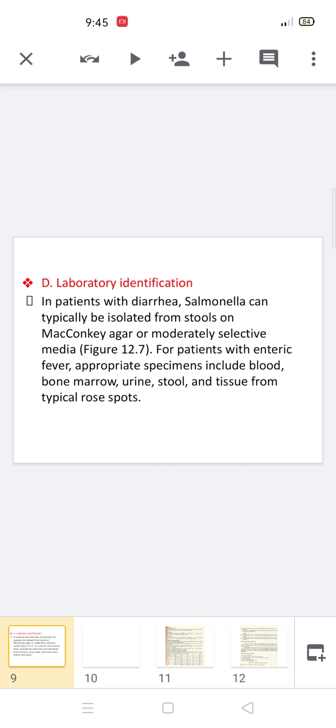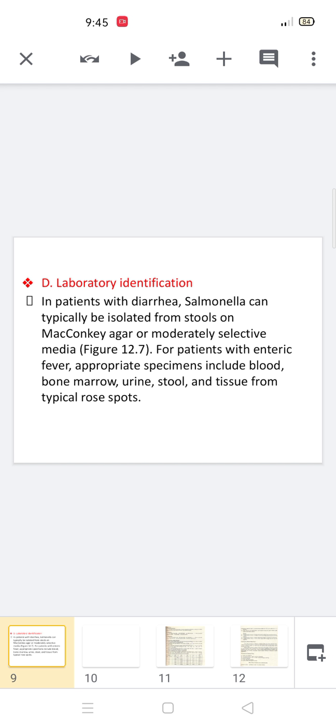The second major clinical manifestation of salmonella is enteric fever. This is the most important part of this lecture because in the paper, sometimes the examiner asks you to write down the lab diagnosis of enteric fever or typhoid fever.